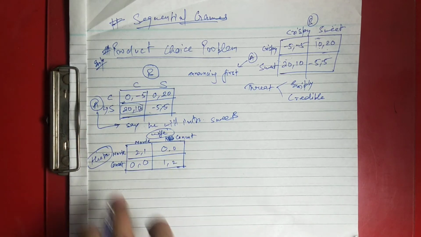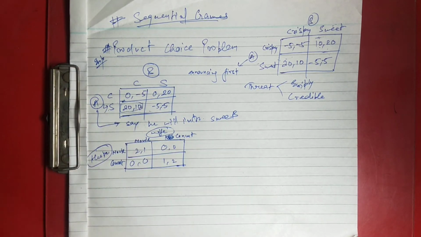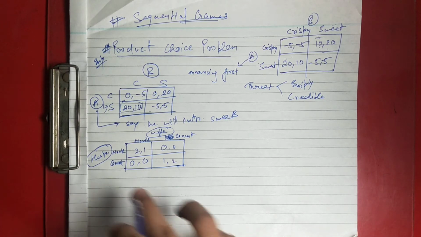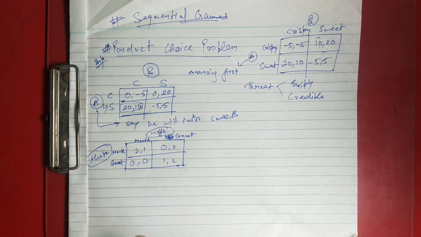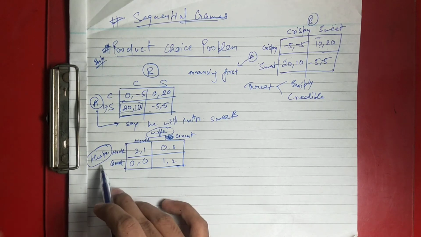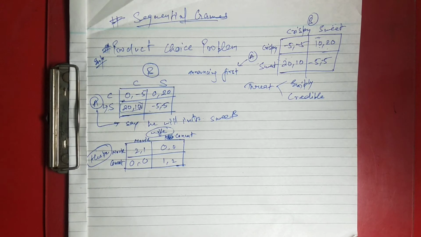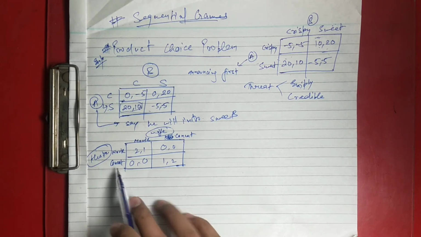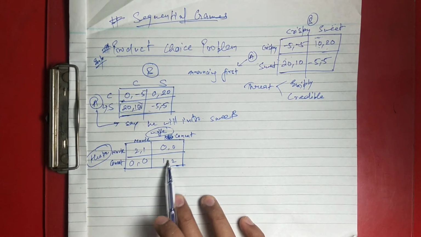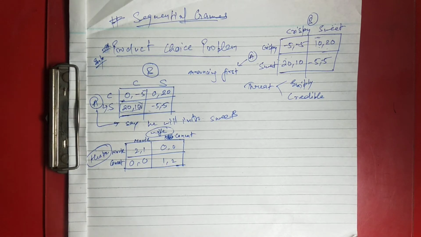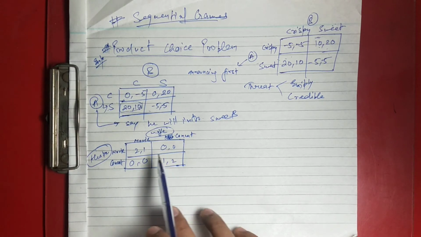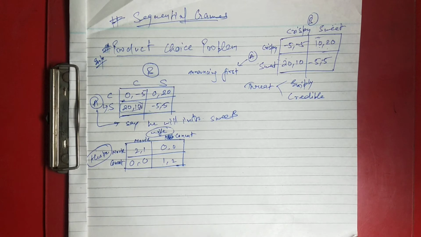So now the husband is giving a threat to the wife, which is not possible these days. Okay, so the husband is saying that he will go to the movie, but the wife is still so smart, she knows that he has the option for the concert also. So by seeing the payoff matrix, the wife is not going to believe that, and the husband may or may not be better off.